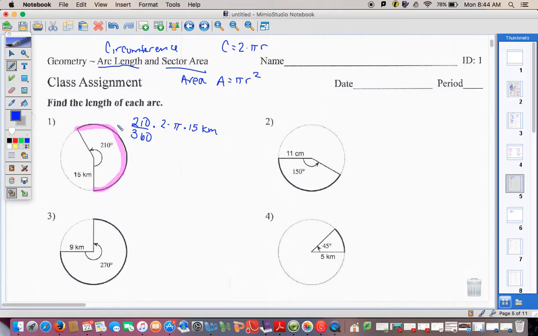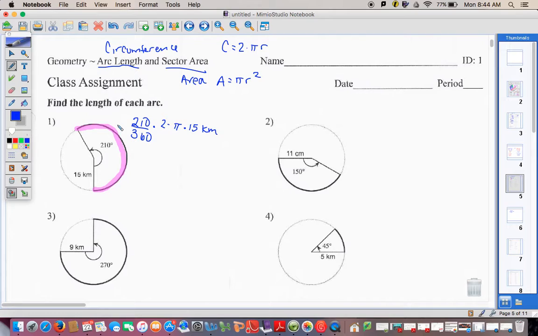Okay, so that's the only difference now. Our arc length is equal to a portion of the circumference, and that portion is the degree of the arc, the degree of that angle, divided by 360 degrees, and then using the rest of the formula. So we have 210 divided by 360 times 2 times pi times 15.